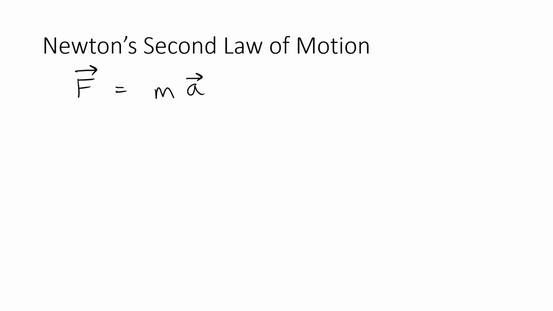We need to add up several forces together. So I'm going to put that up there. That's just the summation sign. That means all of the forces: force 1 plus force 2 plus force 3, however many I have.